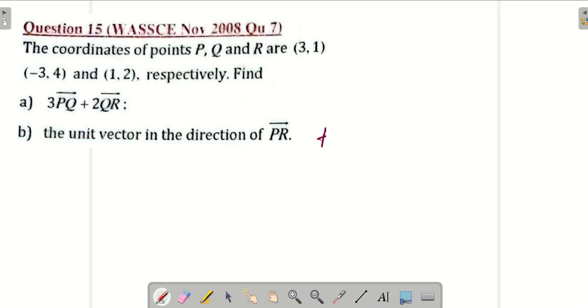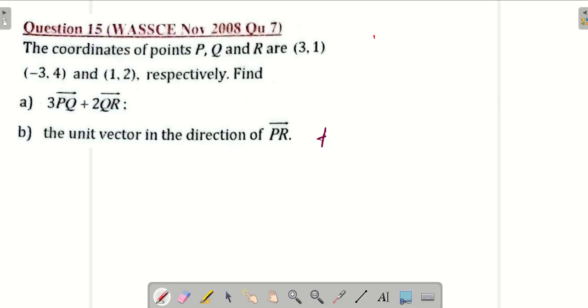The coordinates of points P, Q, and R are (3, 1), (-3, 4), and (1, 2) respectively. Find A, 3PQ plus 2QR. Can you do that part? Good. So all you need to do is to express each of the coordinates in terms of vectors.